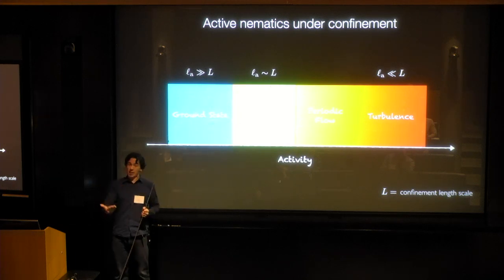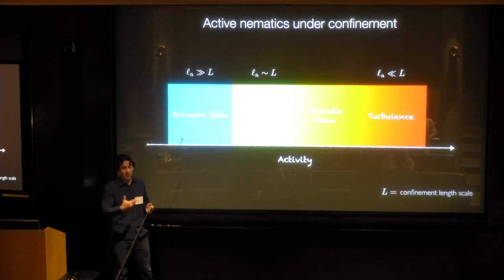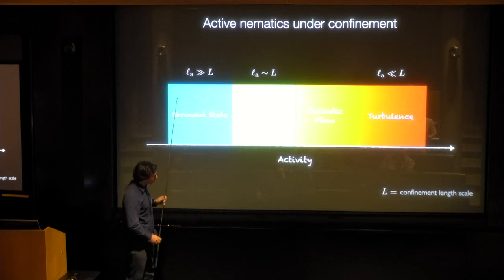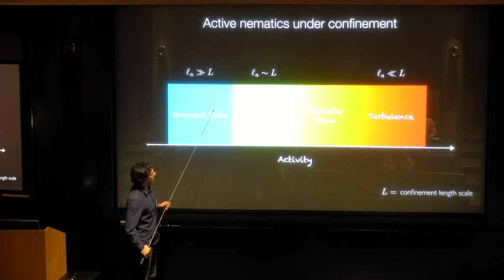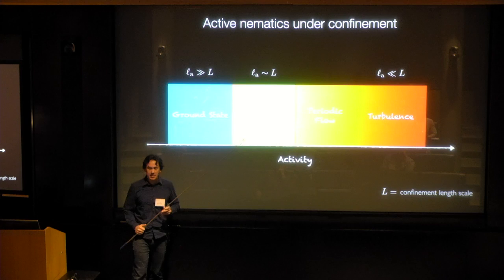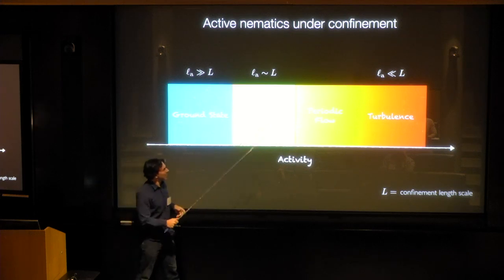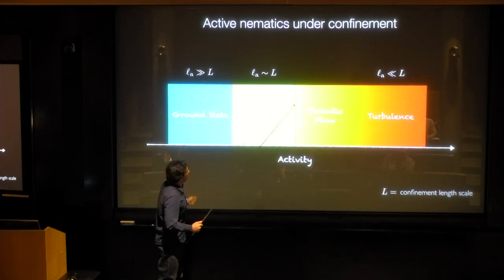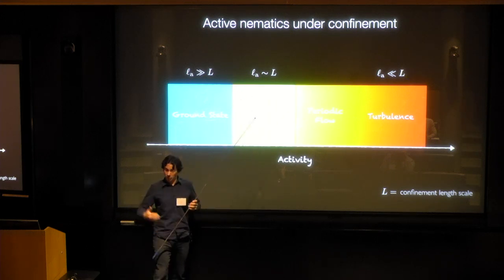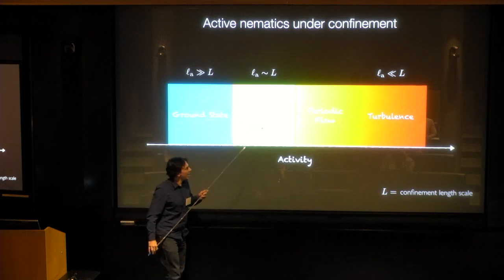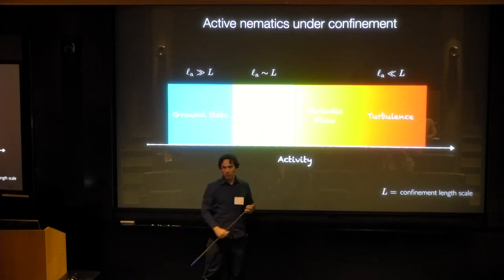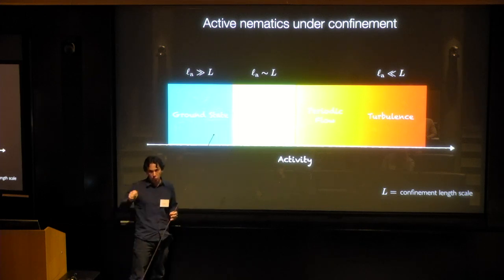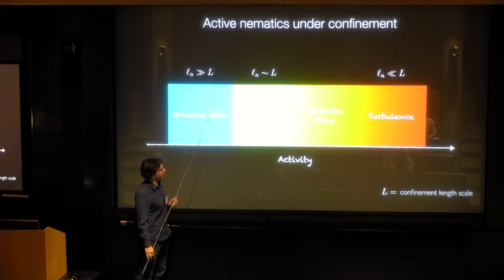The ground state becomes unstable to a state which is characterized by spontaneous distortion and typically by a laminar flow. Now, if you keep cranking up the activity, also this laminar flow will become unstable to something else. And here, the situation becomes a bit system-specific. It depends on the parameter, depends on the model. But for instance, it's possible to observe a periodic flow, so a transition from laminar to periodic, and eventually this periodic flow somehow degenerates into a turbulent flow, a chaotic flow. I made these lines sharp because these are sharp transitions. You can also calculate the transition point.